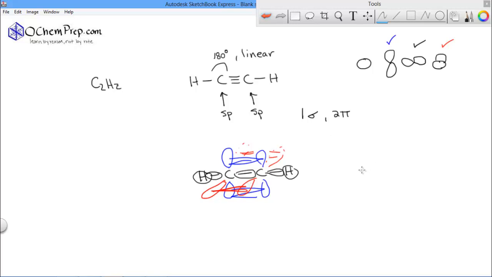So if we look at sigma and pi symmetry, sigma symmetry is if you take your marshmallow or your hot dog and you skewer it and spin it. Now, if you take your marshmallow and instead of skewering it that way, we have it skewered top to bottom, that's pi symmetry.